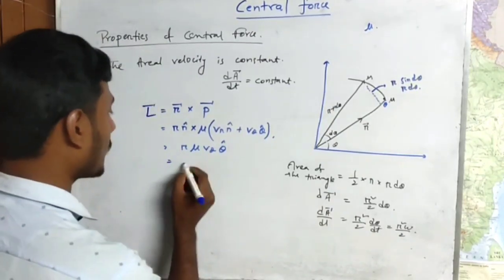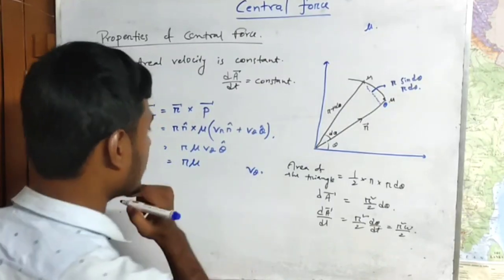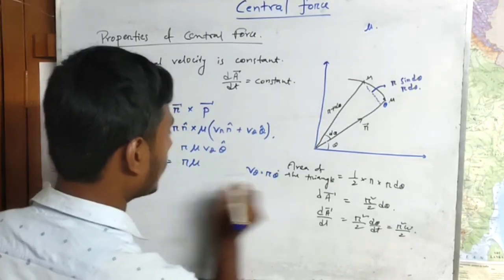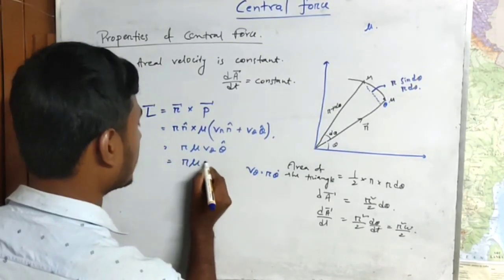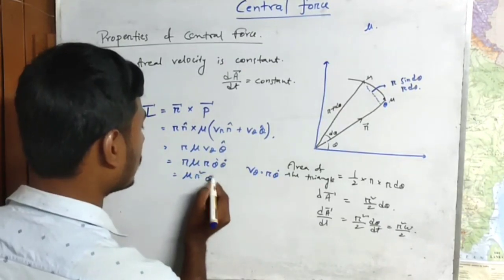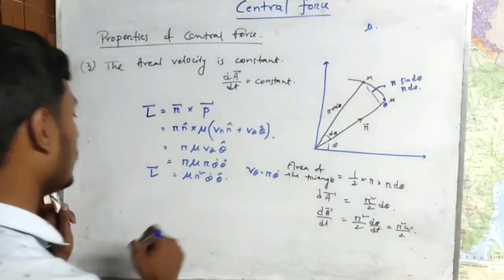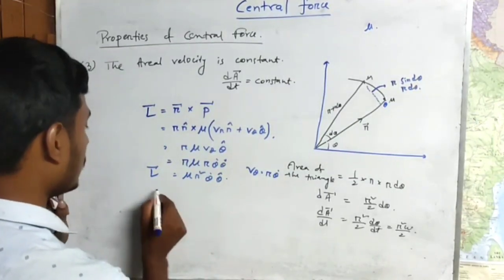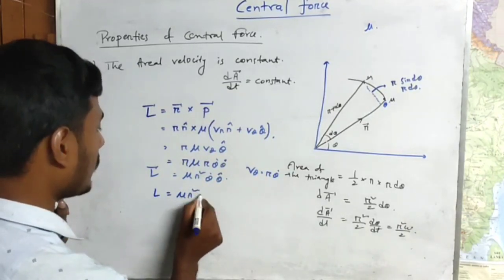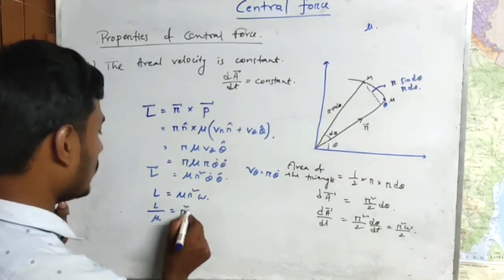Here v_theta is the angular velocity term, which will be r theta dot. So we can write r theta dot theta cap, that is mu r square theta dot theta cap. This is L vector. If we write the magnitude, L equals mu r square theta dot, where theta dot is omega. So L by mu is r square omega.